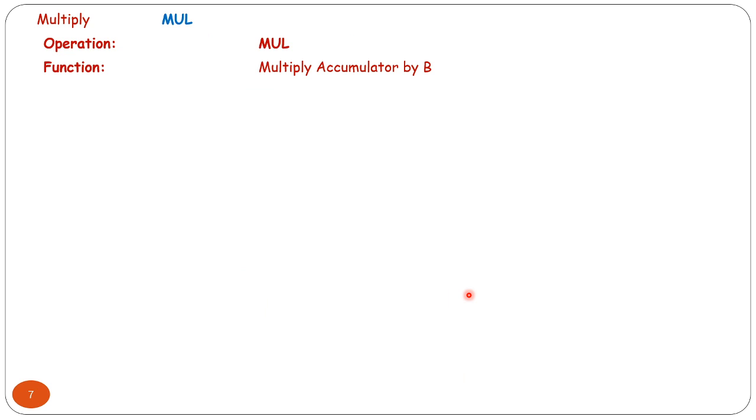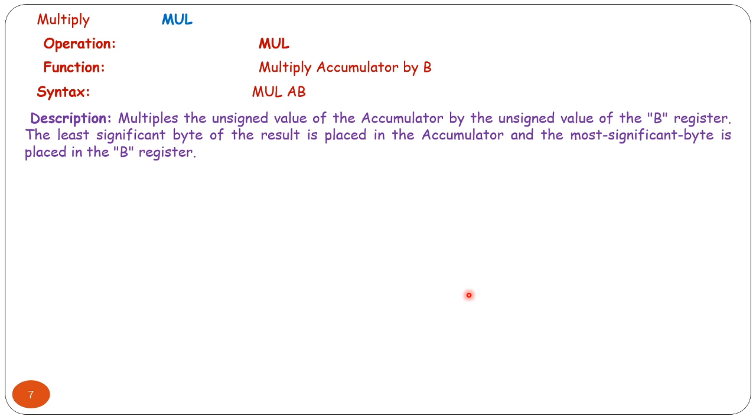Multiply instruction. So the operation is multiplication, mul, function multiply accumulator by B, syntax MUL AB. It multiplies the unsigned value of accumulator by the unsigned value of B register.